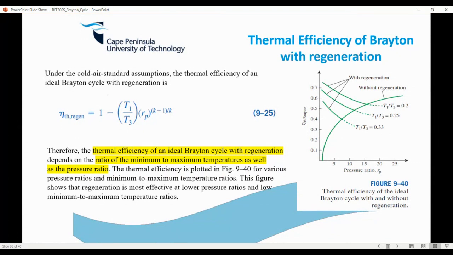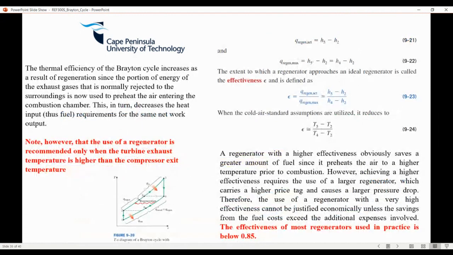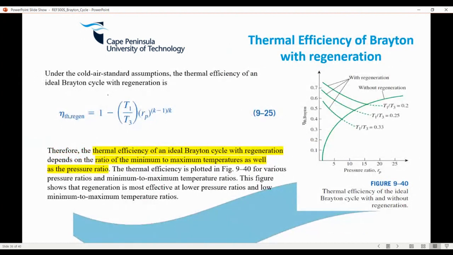If you increase the ratio, you get a decrease in thermal efficiency. T1 to T3 here is from the air entering the compressor to the exit of the combustion chamber, and this will tell you where regeneration is most effective.